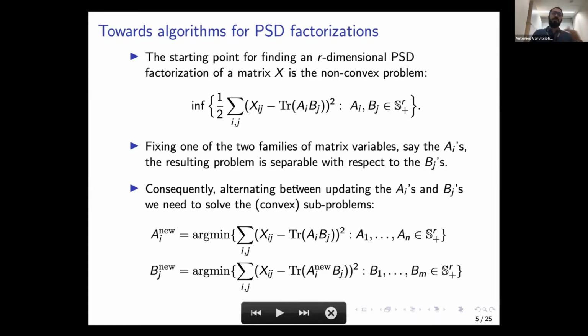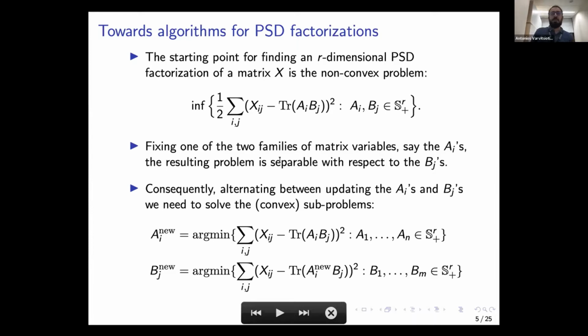The canonical starting point would be to set up a non-convex problem where you minimize the square loss over all the entries of your matrix. Of course, there's so much you can do with this, but the standard thing you might do is try some kind of coordinate descent approach to solve this problem.